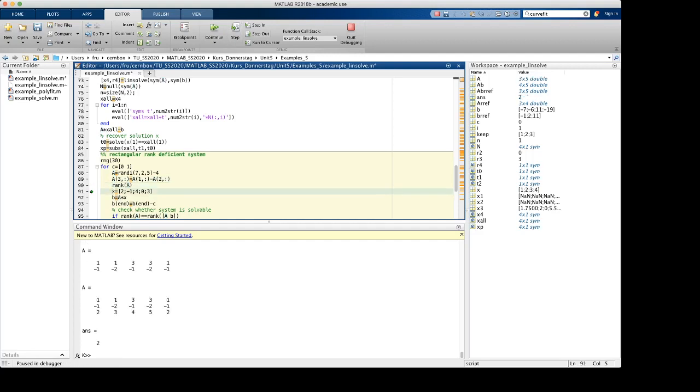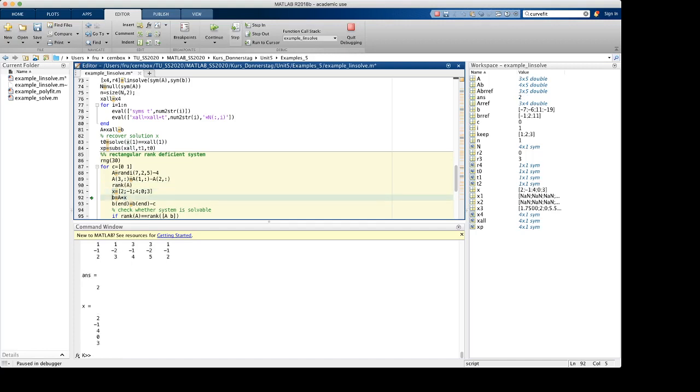So it's rank deficient. We give an arbitrary solution, a vector x. We compute the right-hand side as before. And now we modify b by subtracting c from the third entry in b.